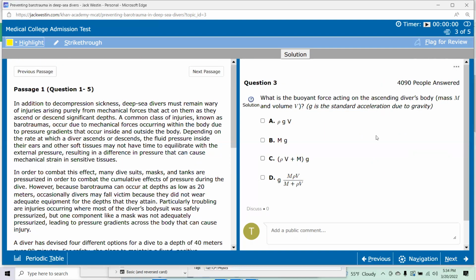Okay, let's do this one. What is the buoyant force acting on the ascending diver's body, mass m and volume v, where g is the standard acceleration due to gravity? So this is again a situation where you can work it out or you can just memorize the equation.